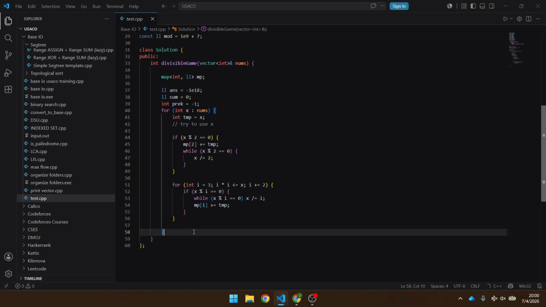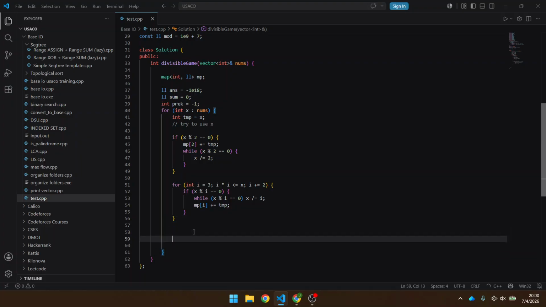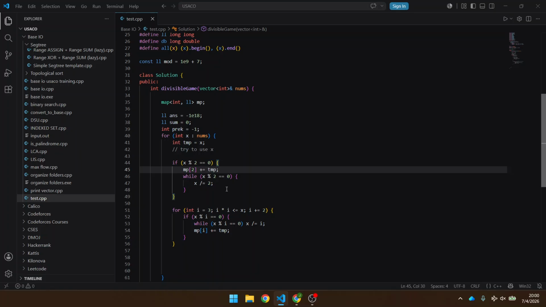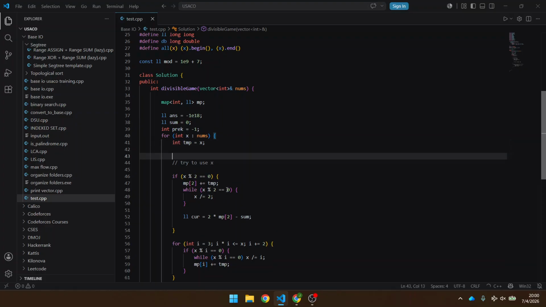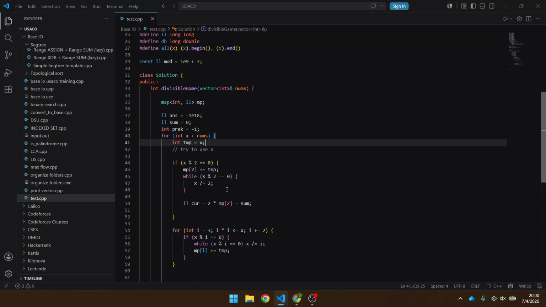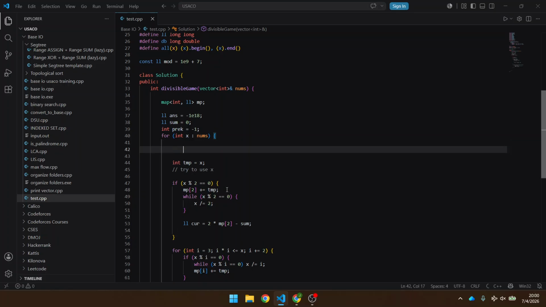Okay, so long cur is equal to mp[2], 2 times mp[2] minus sum plus equal to x.